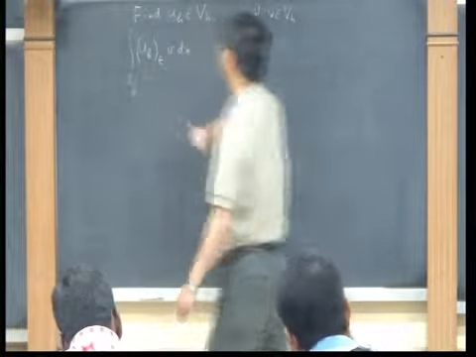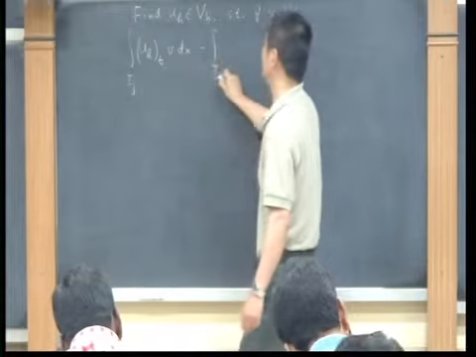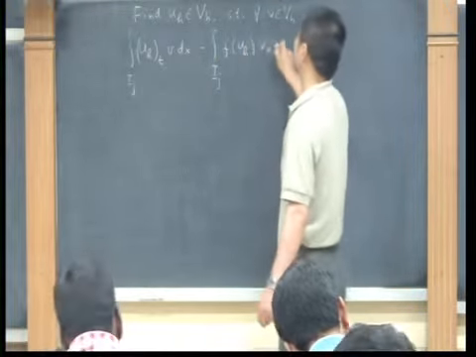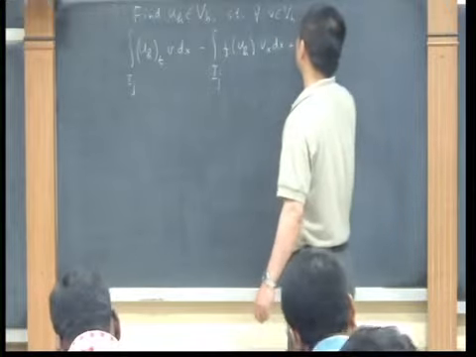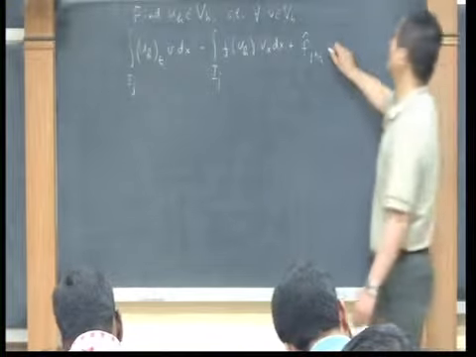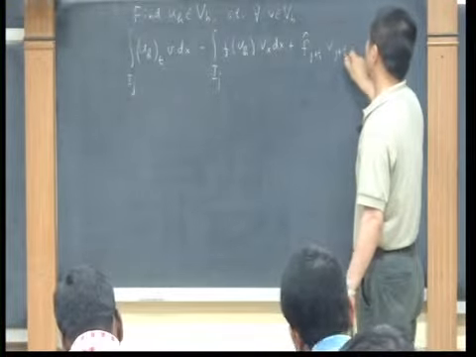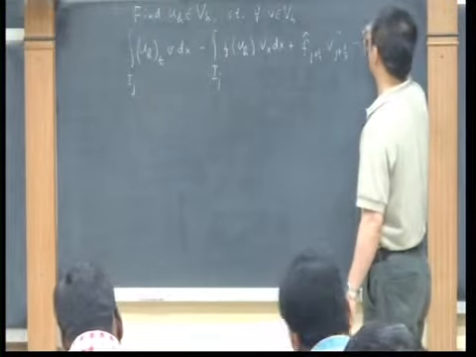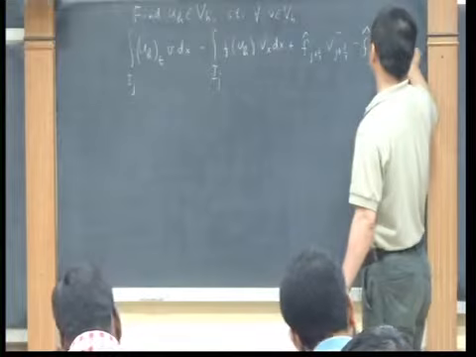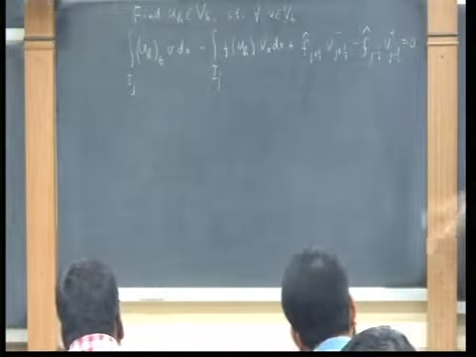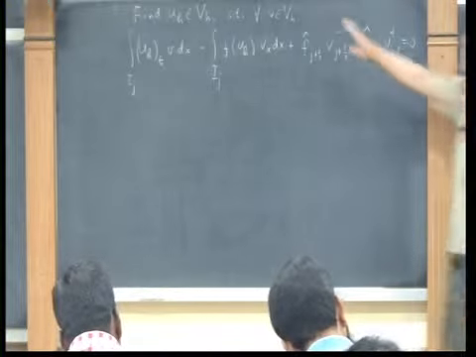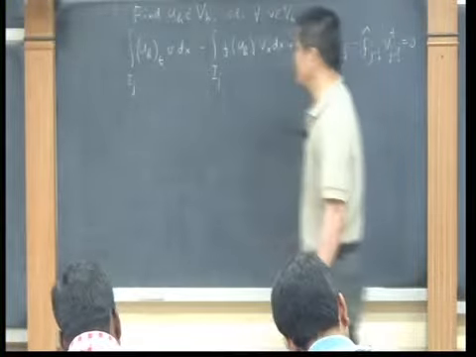On I_j, minus the integral over I_j of f(u_h) v_x dx, plus f hat at j plus half, that is a numerical flux, times v at j plus half minus, minus f hat at j minus half times v at j minus half plus, equals 0. So this was the scheme we discussed yesterday for the conservation law, u_t plus f(u)_x equals 0.